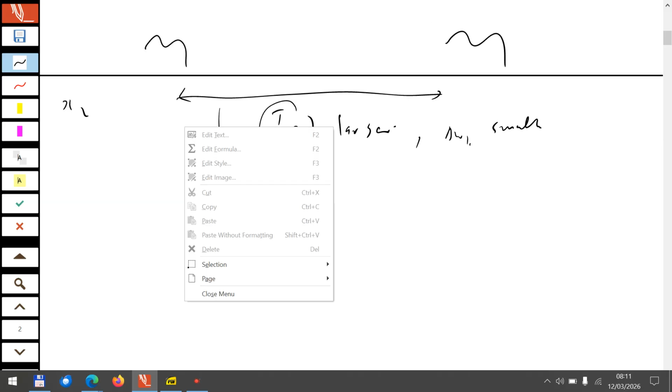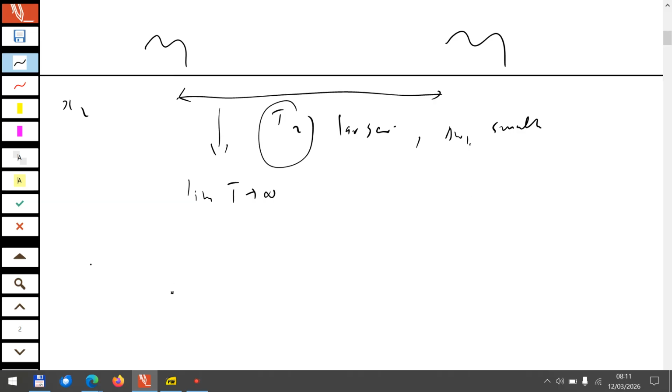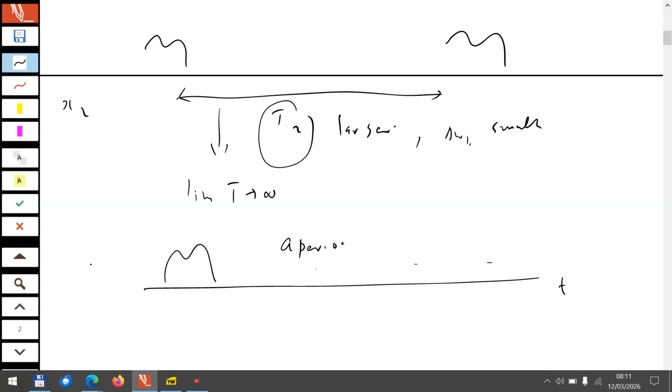So what kind of function do you get after that? You have a function which may have some shape, but it never repeats, right? So it becomes aperiodic. Got it?